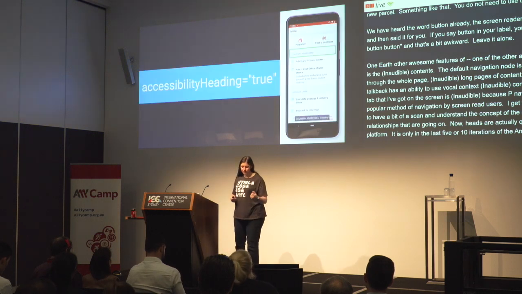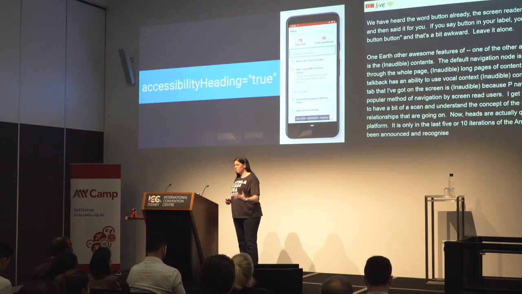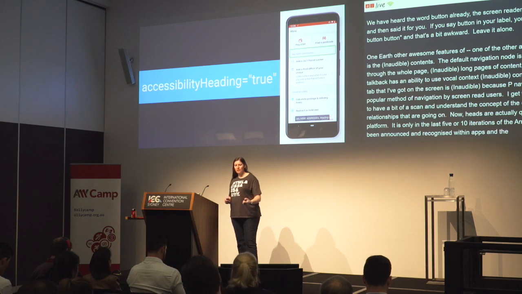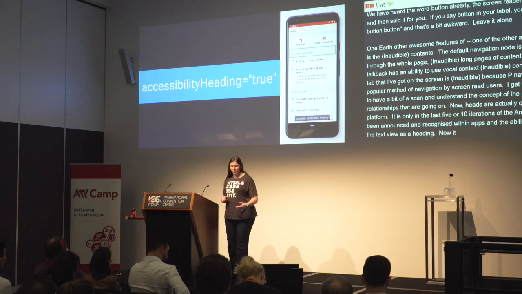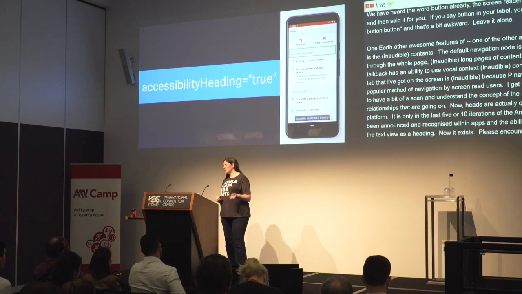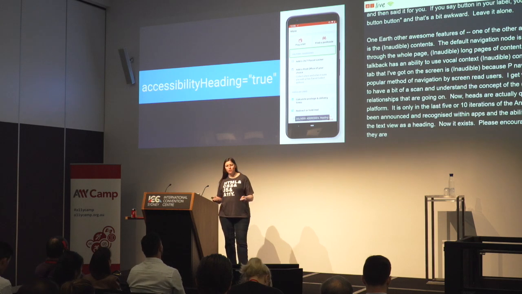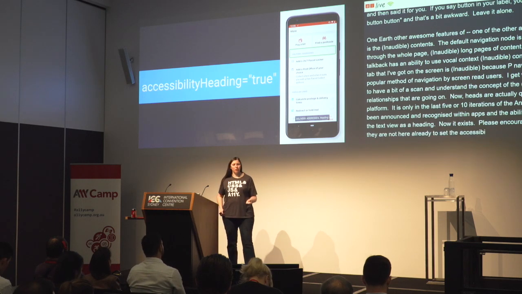And the ability for developers to actually define a text view as a heading now exists. Please encourage your developers, if they're not here already, to set the accessibility heading property to true in order for that heading navigation to be supported in your app.